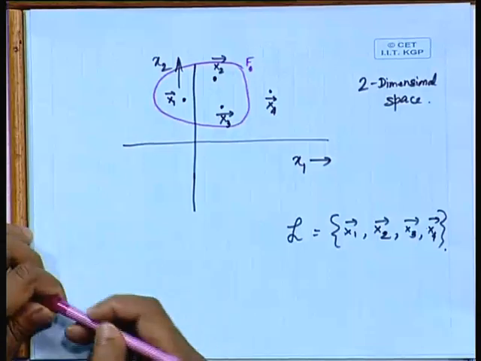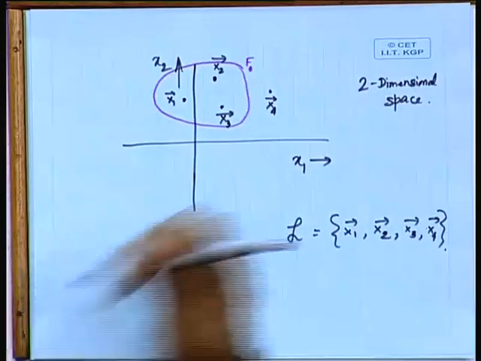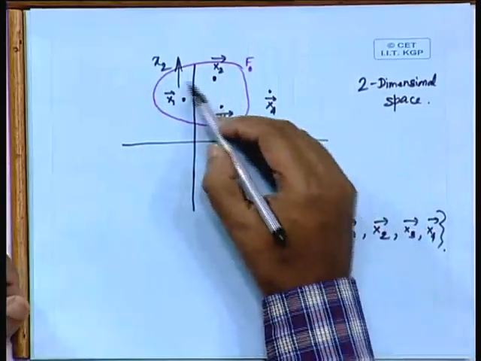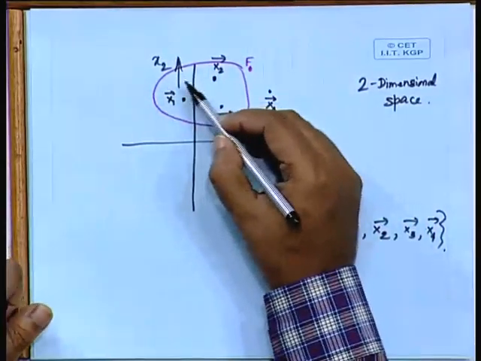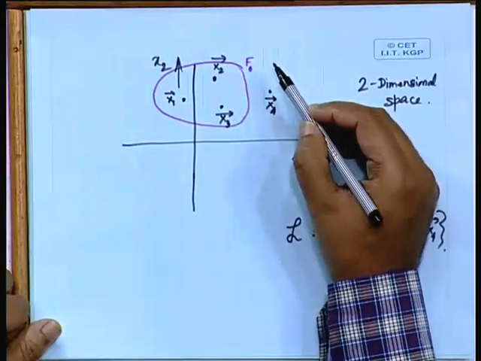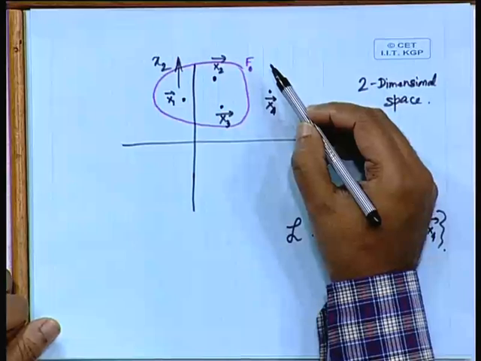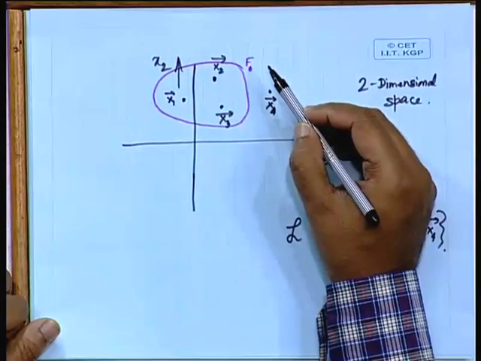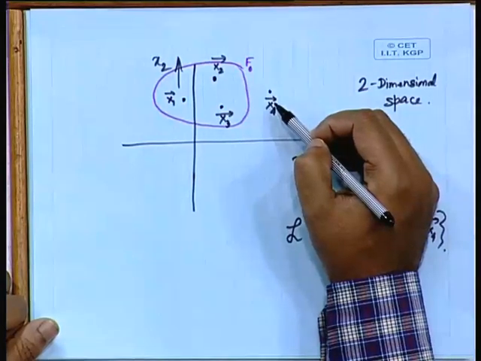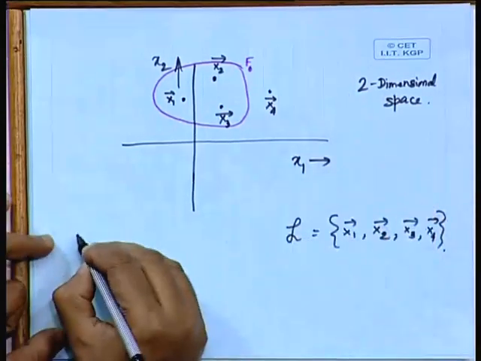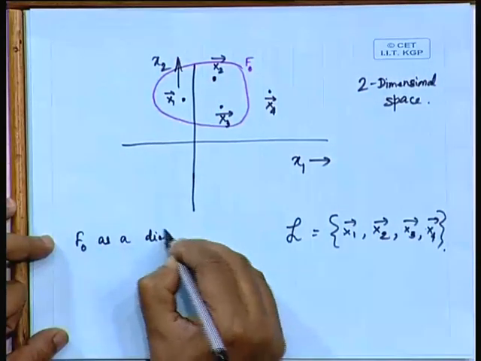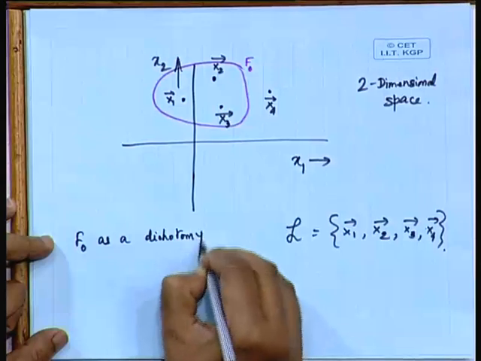I say that f0 is a dichotomy because here lies the decision boundary, which means that whatever is inside this decision boundary belongs to one class of patterns. Let us say they belong to pattern class 0, and whatever lies outside belongs to pattern class 1.